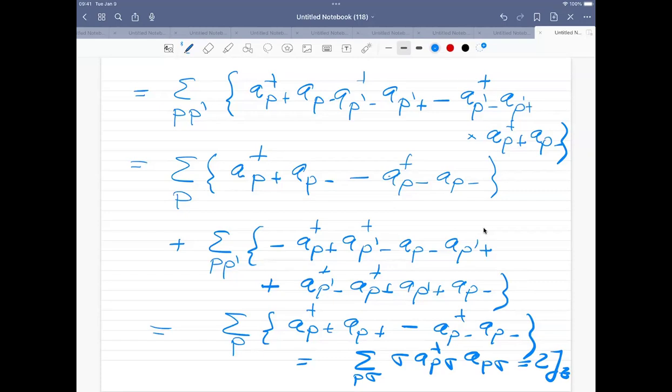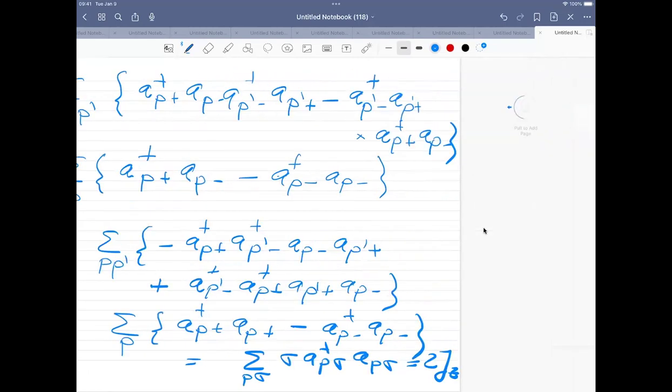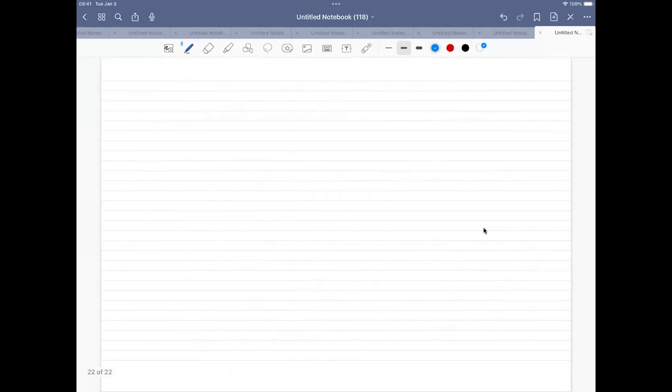This is not the most exciting exercise to do. You will also find that if you take J minus with J plus, that is going to be equal to minus J plus with J minus, and that's going to be equal to minus 2 times Jz.